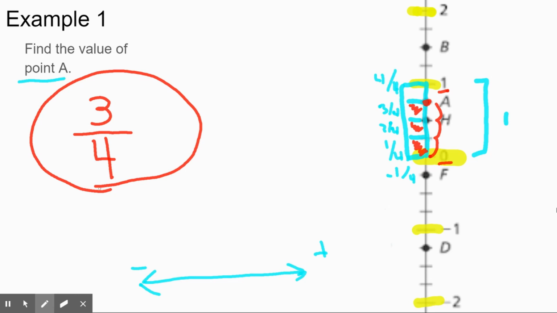Again, your fraction might be different depending on what kind of a scale you have. In these 2 examples, and even your suggested practice problems, the scale is just going to be something out of 4. It's going to be going up by 1/4 each line.